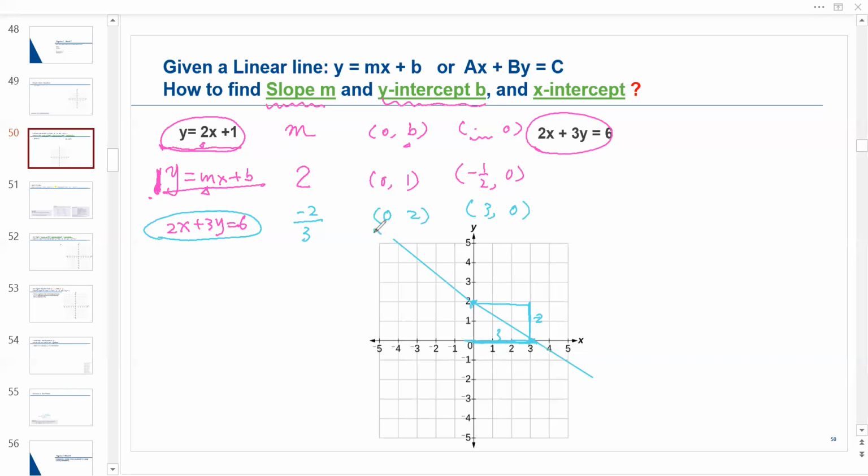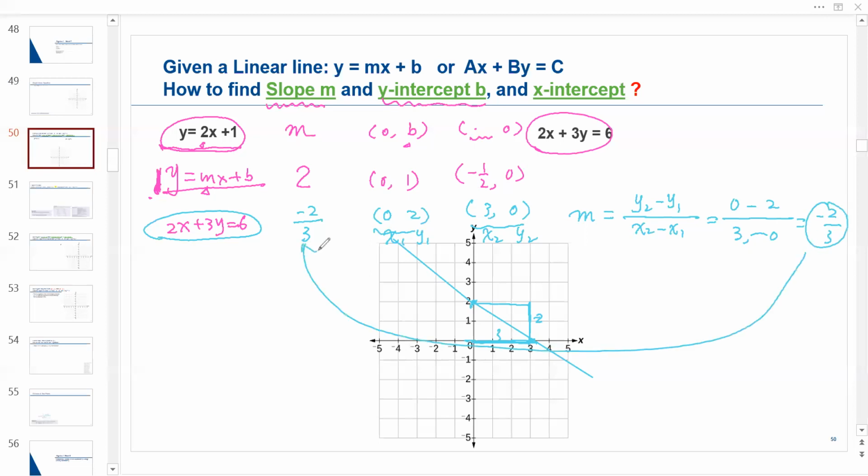Also, since we have two dots, x1, y1 and x2, y2, we can use the slope formula, y2 minus y1 over x2 minus x1. y2 is 0, y1 is 2, x2 is 3, and x1 is 0. See, you get the same answer as before.